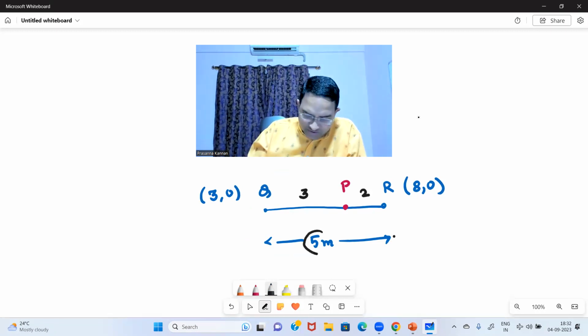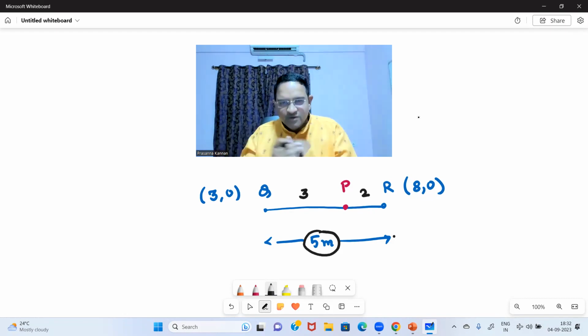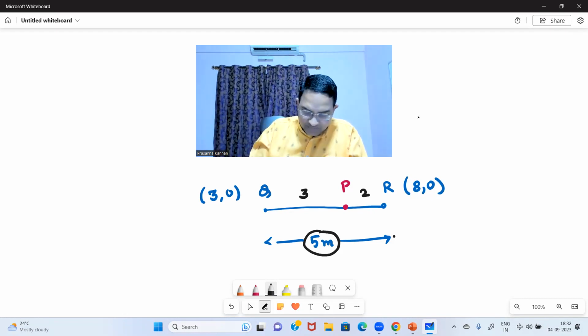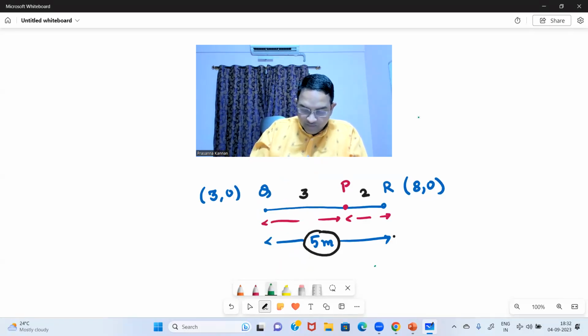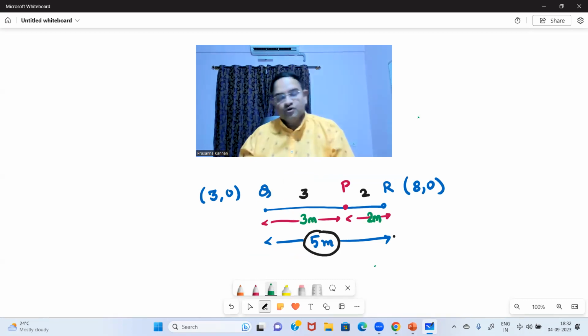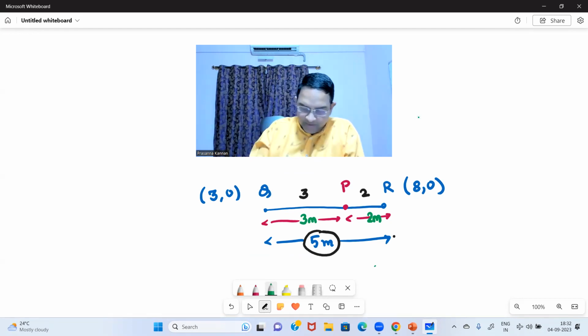So this total distance 5 meters will be divided in the ratio 3:2, which means how much will be this distance and how much will be this distance? This will be 3 meters and this will be 2 meters, right? So what will be this point now? This point will be nothing but 6,0.